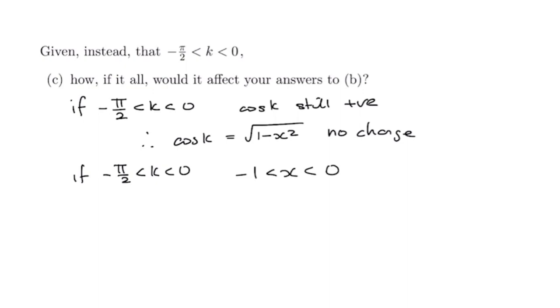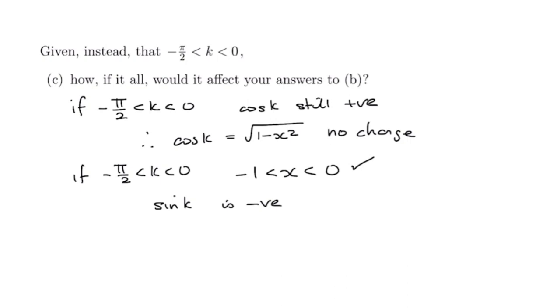In other words, my x value is negative. Sine k is negative, because between the values of minus pi over 2 and 0 for k, sine k is negative. Think about the graph. Therefore, this is still true.